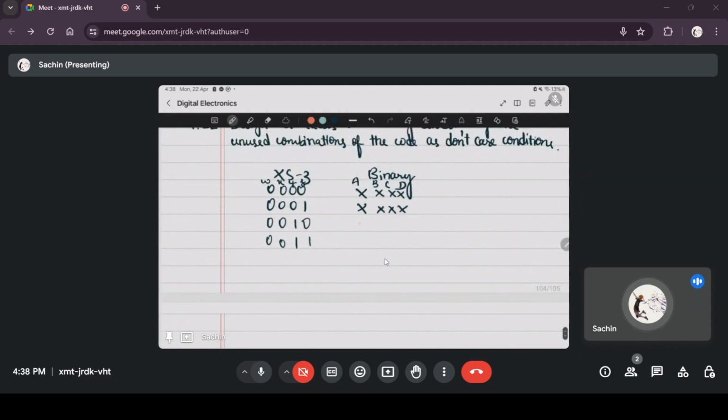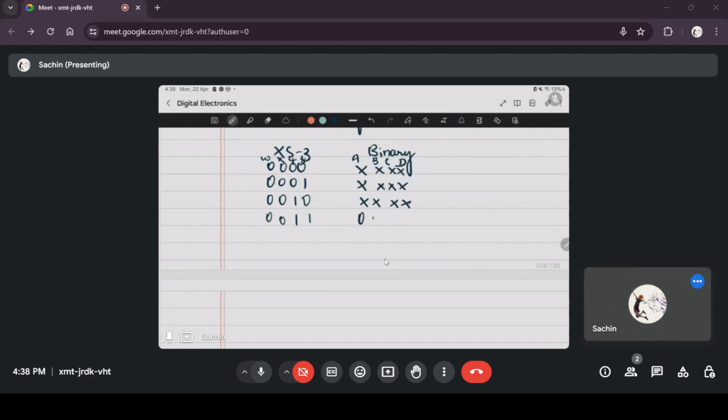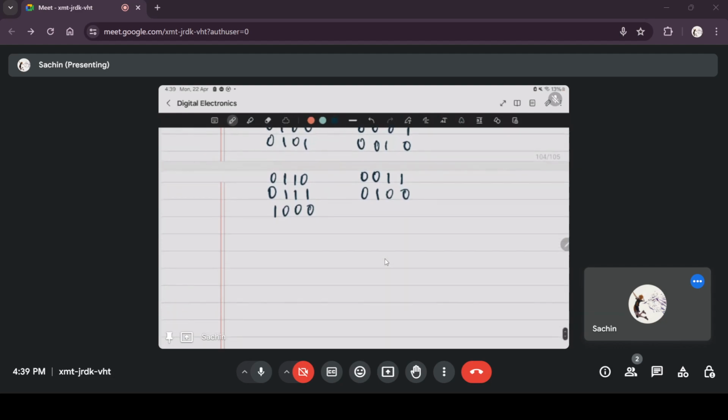So 0, 1 and 2 are invalid combinations, so we can take them as don't cares. 3 is 0, 4 is 1, 5 is 2, 6 is 3, 7 is 4, 8 is 5, 9, 10, 11, 12 are 6, 7, 8, 9 respectively.